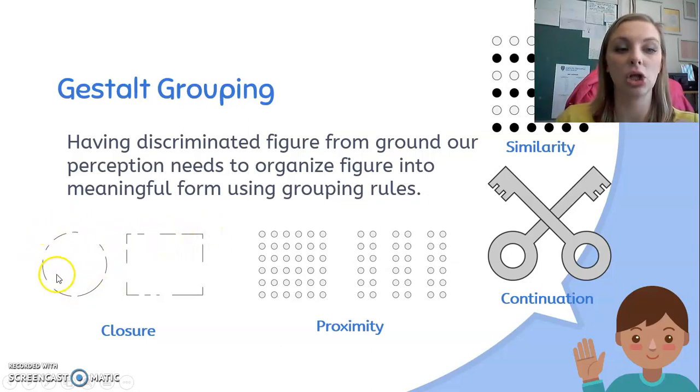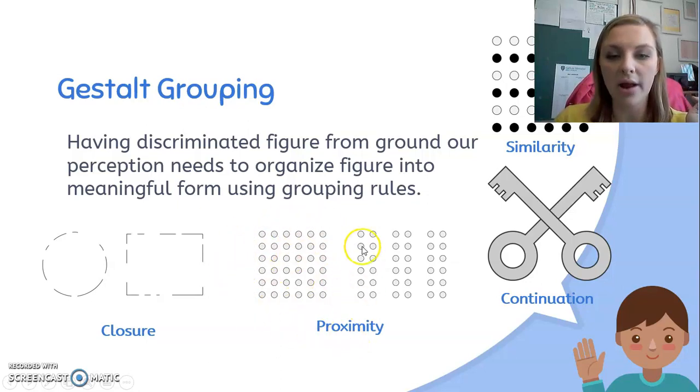So our brain closes these images up, and we still know that this is one figure. Proximity is the idea that we group things according to what they're closest to. So we would see this as one figure rather than individual dots here. Whereas this one we would see as three figures. We wouldn't see this as one whole because they're separated from each other.